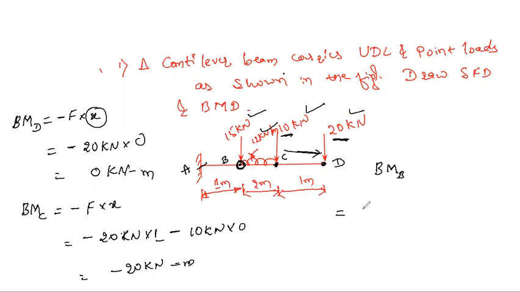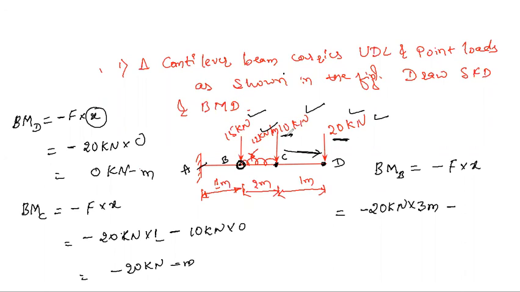As we know, bending moment is nothing but minus F into x, force into displacement. First, minus 20 kilonewton. From this point it is at a distance of 3 meter, so 20 into 3 meter. Clear?